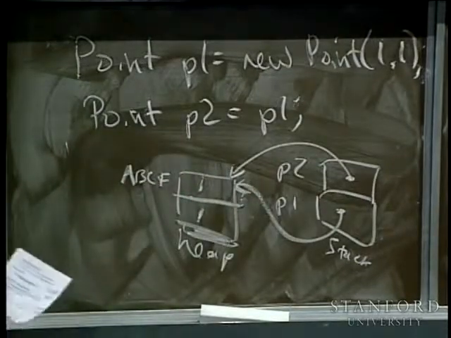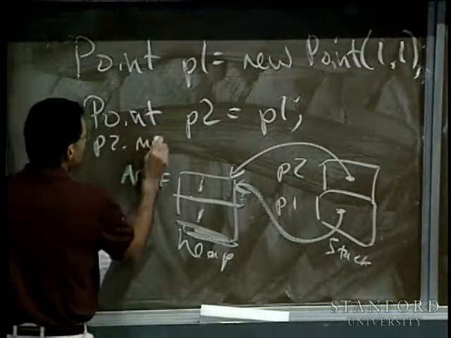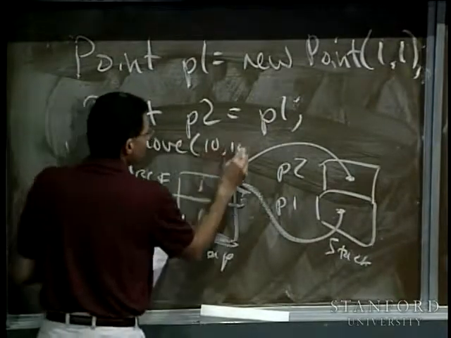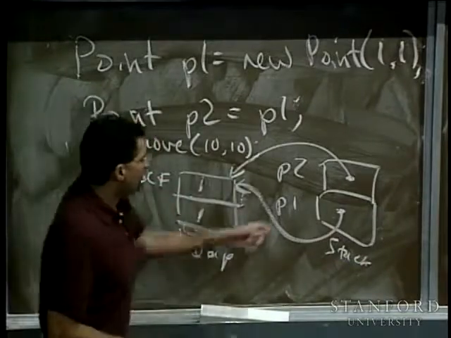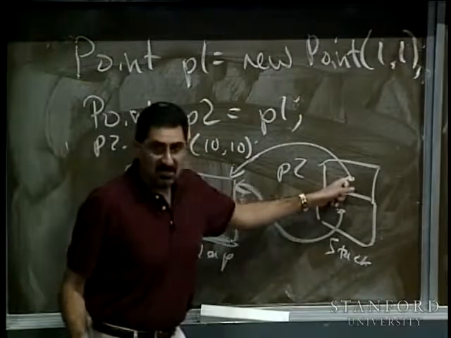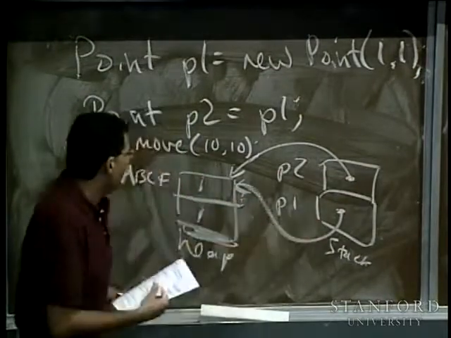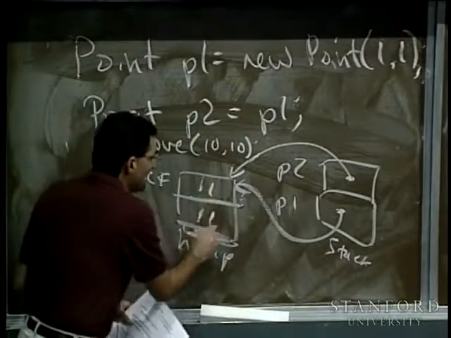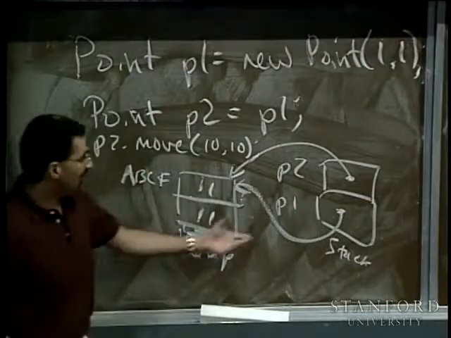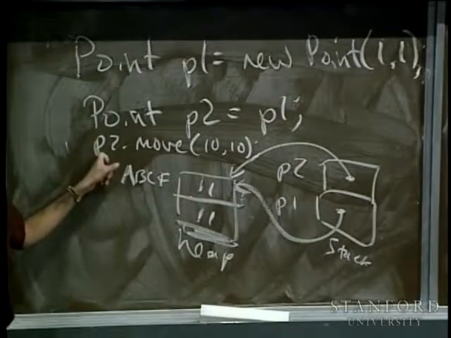Okay? So if that's the case, then if I do something like p2.move(10, 10), what happens there? It says, I'm going to move based on p2. Well, where is p2 pointing? It's pointing over here, the same place p1 is. And it says, I'm going to move it by 10, 10, so I get 11, 11. And you might look at that and say, but Maron, you just changed p1 without ever referring to p1.